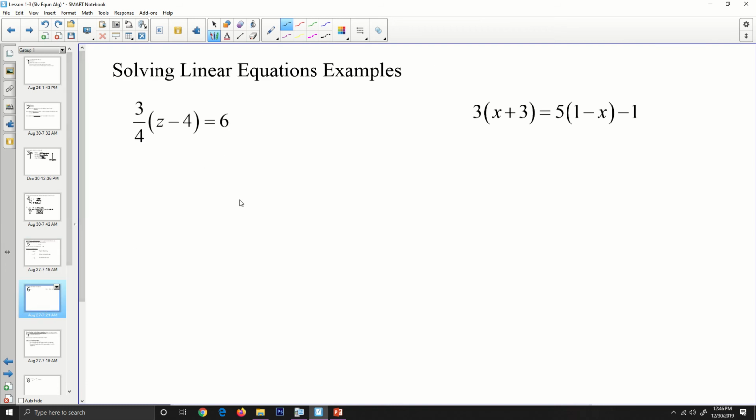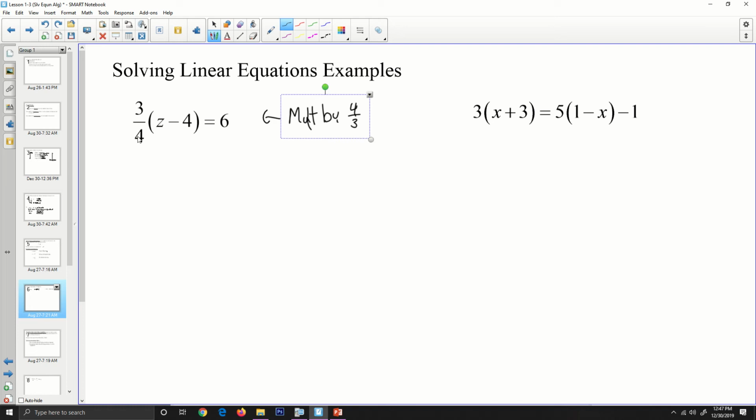So again, a couple more quick linear examples here. In this case, some might say we're going to distribute the 3/4 to both sides, but since it's a fraction, I'll get 3/4 z, and then 12/4. And so I think I'm actually going to multiply by 4 over 3.